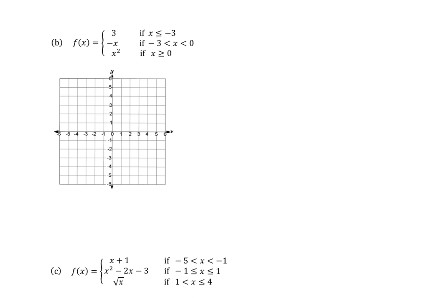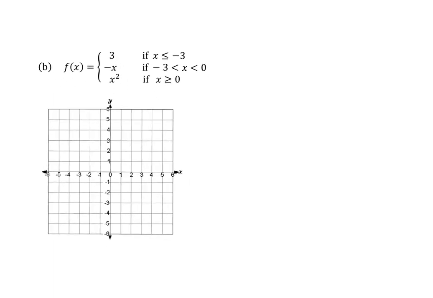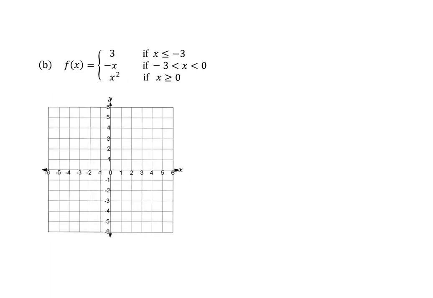Maybe I'll go ahead and look at each piece at the top, maybe write it off to the side. So this says f of x is equal to 3. So that says y is equal to 3 if x is less than or equal to negative 3, which would be the interval from negative infinity to negative 3 with a bracket because we're including the negative 3.